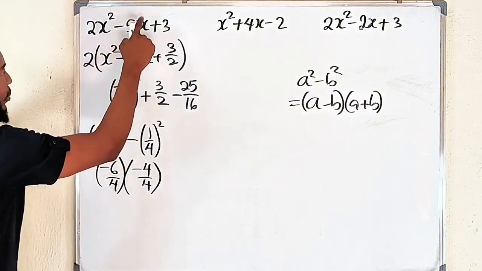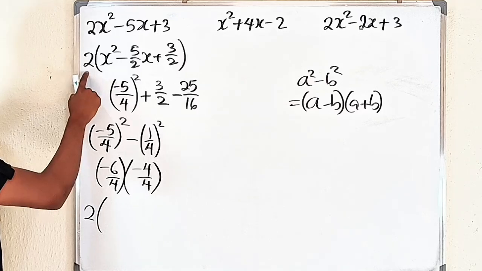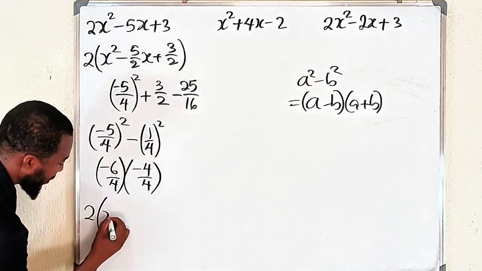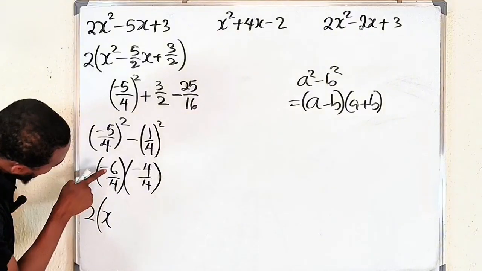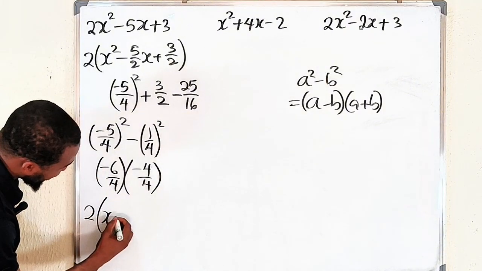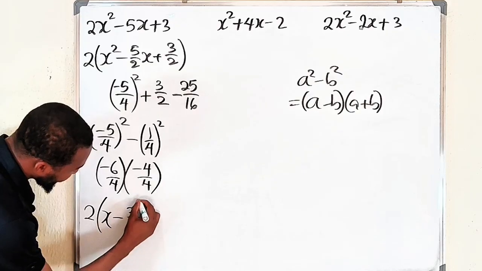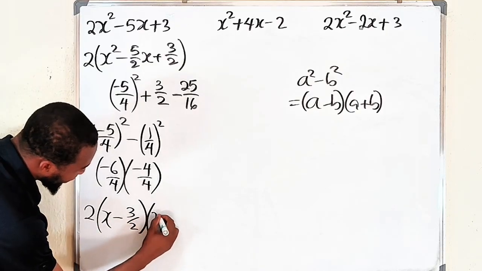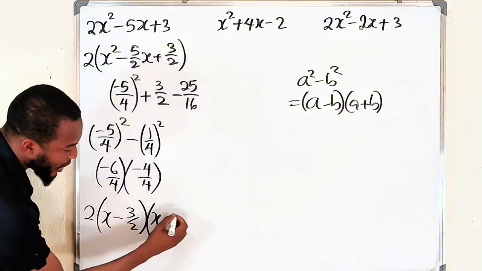So the factorized version of this will be 2 times, remember this 2 is there, x, the first number is this one, which can be written as negative 3 divided by 2, right? Negative 3 divided by 2. Then the second one, x minus 1, because negative 4 over 4 is minus 1.